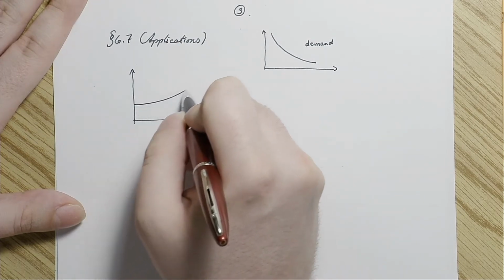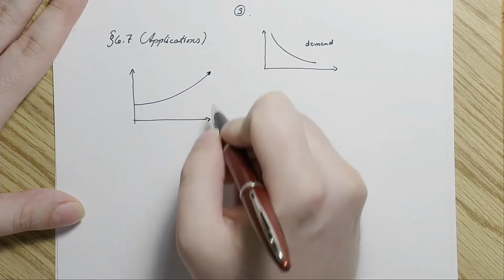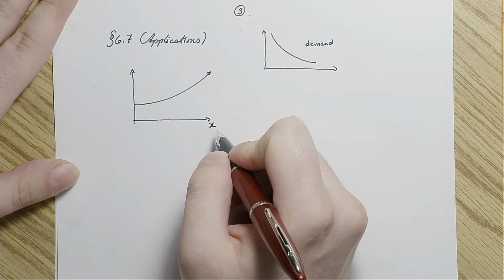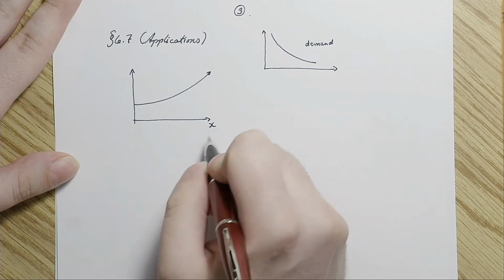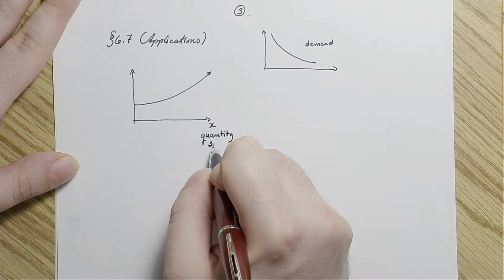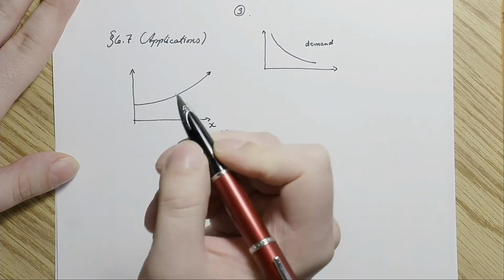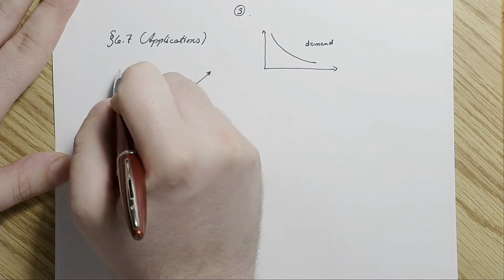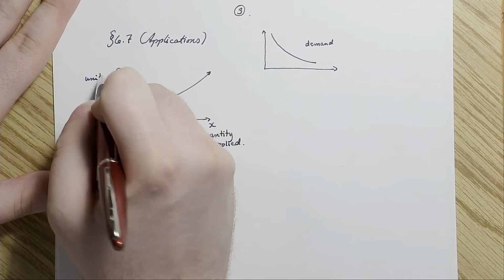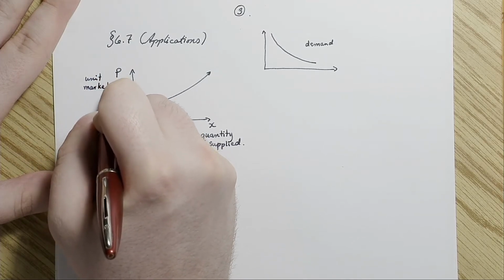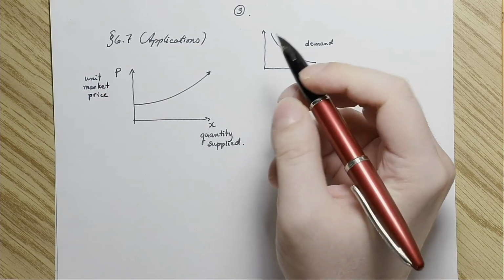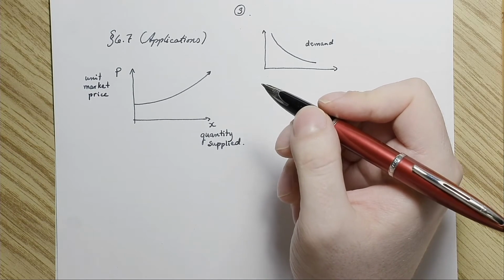I have something like this, something increasing, and this is x. So x is the number of units produced or supplied. So this is the quantity supplied. There's x, and then there's p, and p is something called the unit market price. So per unit, how much it's being charged by the supplier.